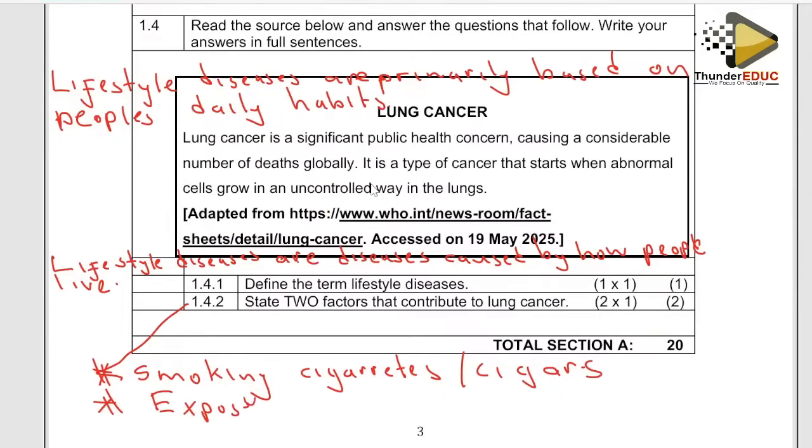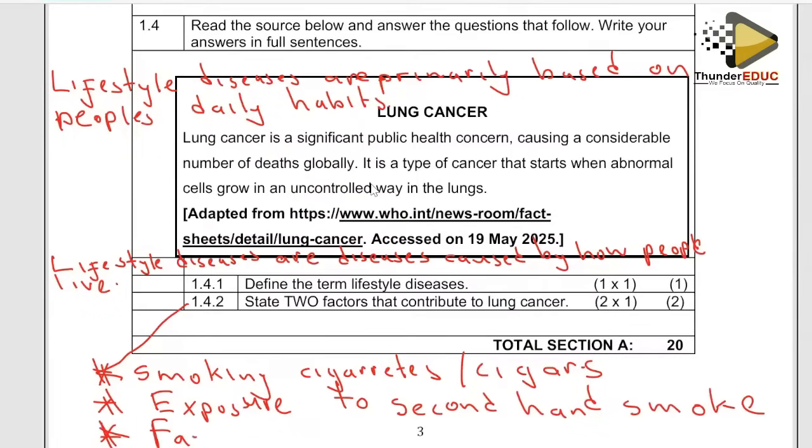Even though you are not a smoker, if you are continuously exposed to secondhand smoke from active smokers, that is a serious concern. Then you can also say family history of lung cancer. So if it runs in the family history of lung cancer, it can also be another factor.